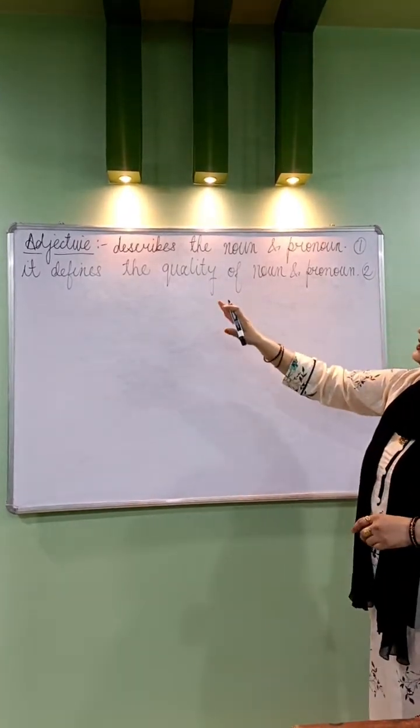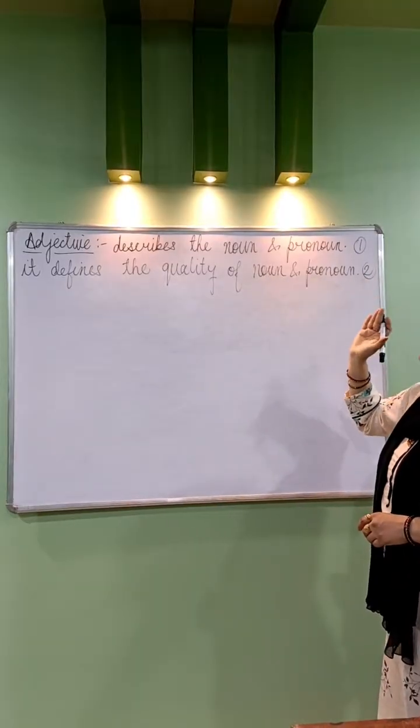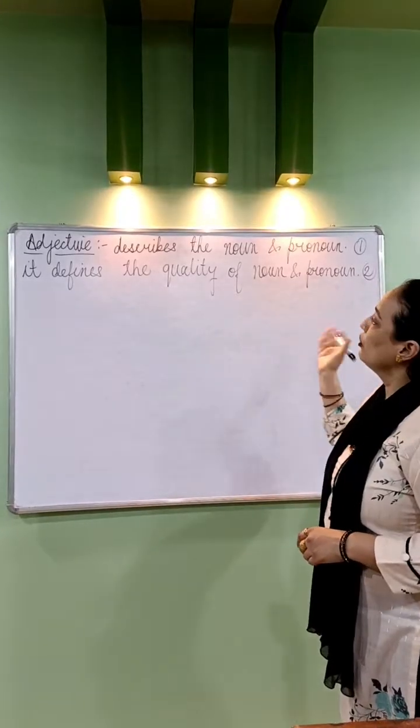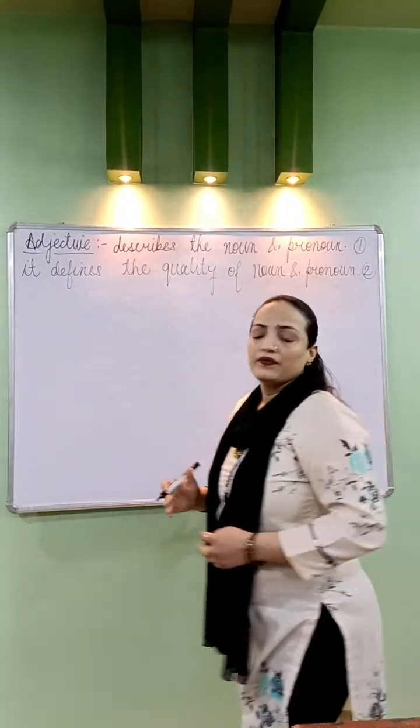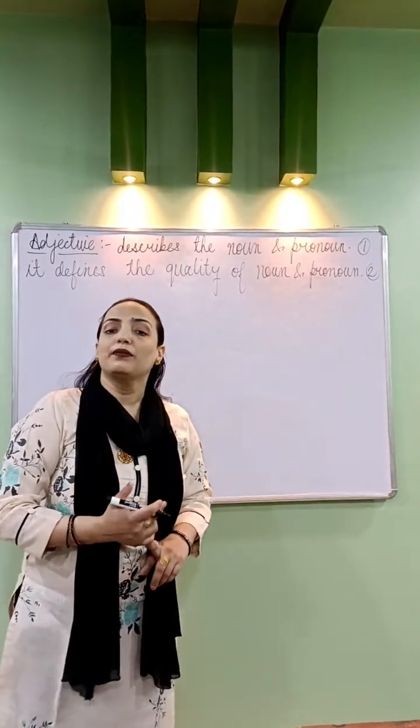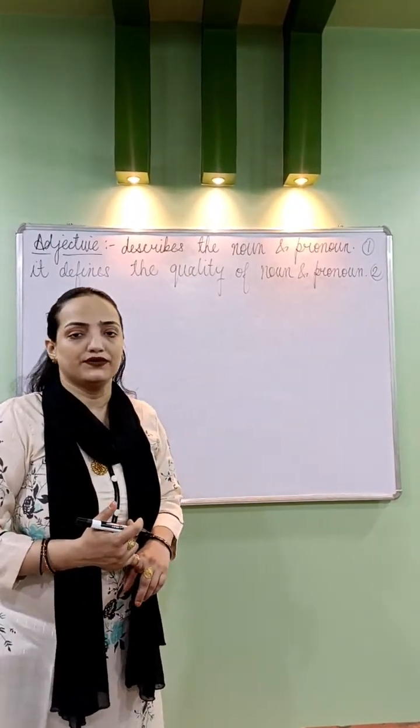We can say an adjective describes a noun and pronoun, and in other words it defines the quality of noun and pronoun, and we also call it in different ways. Describing words are called adjectives.